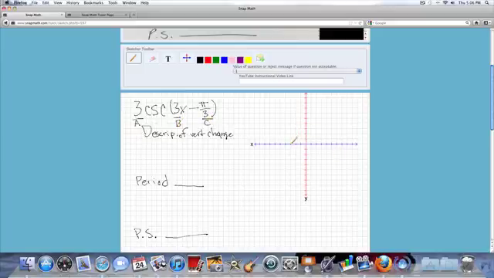If we look at the regular graph of cosecant, I'm going to say that this is negative pi out here, and this is pi right here. Here are asymptotes, and the y-axis is an asymptote, and this is an asymptote.